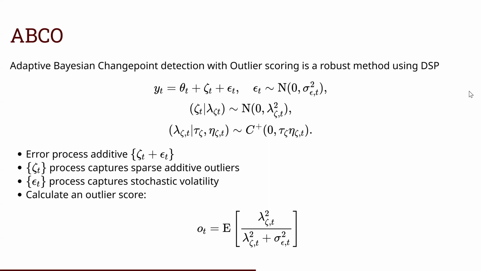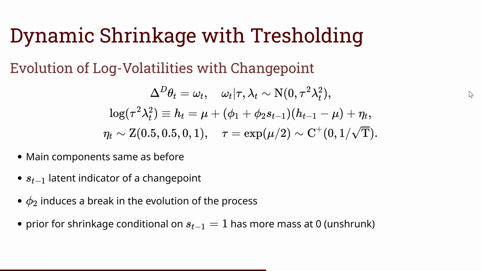Then for the change points, I can get into all the caveats, but we add one thing on top of the dynamic shrinkage: a second autocorrelation and this latent indicator S. We use this to model the change point process using a threshold autoregressive model. This allows us to not have to pre-specify how many regimes we have.